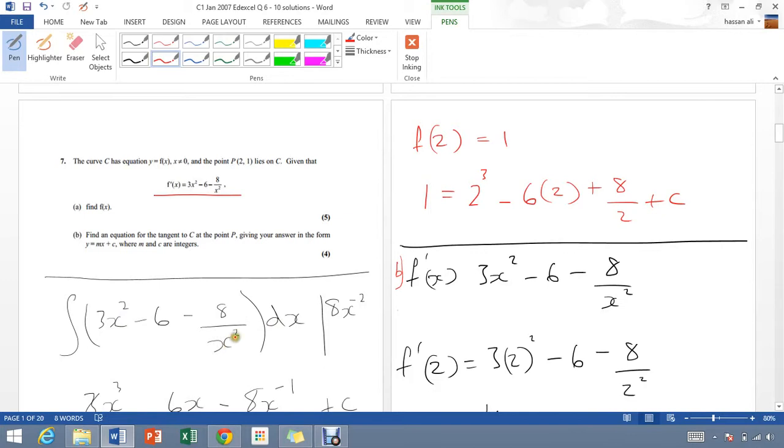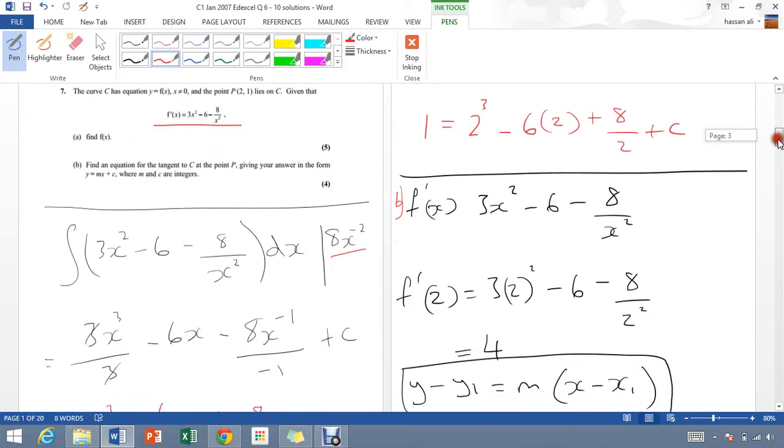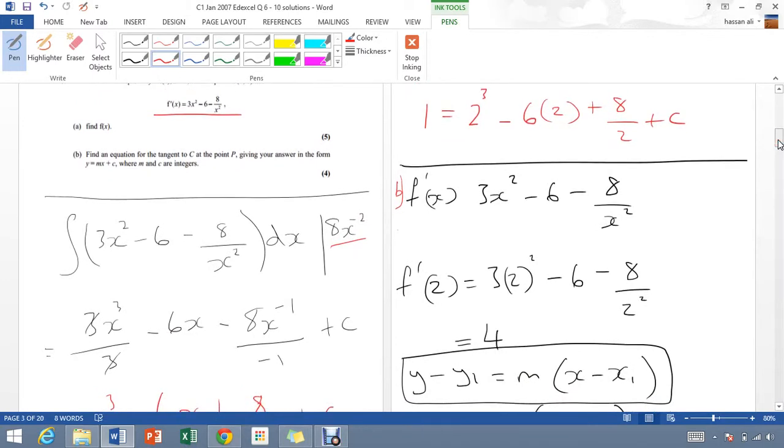Now remember, 8 over x squared can be written as 8x to the power of minus 2, and it's better to have it in this format as it will be easier to integrate. Once you integrate that, you should get 3x cubed over 3, because we simply add 1 to our index and divide by the new power. Minus 6 will give you minus 6x, and remember minus 2 plus 1 gives you minus 1, divided by minus 1, plus c.